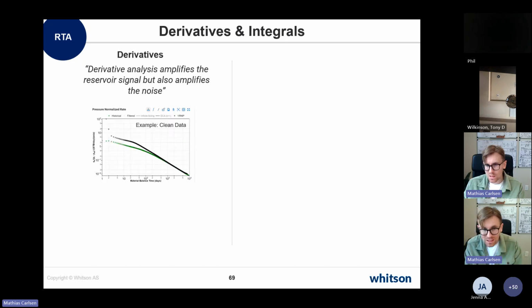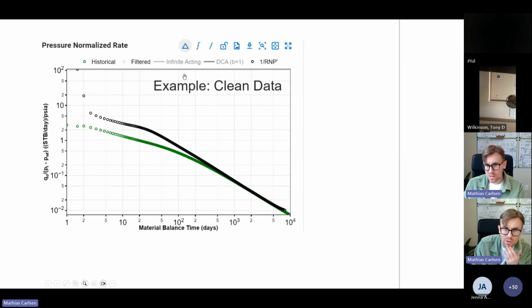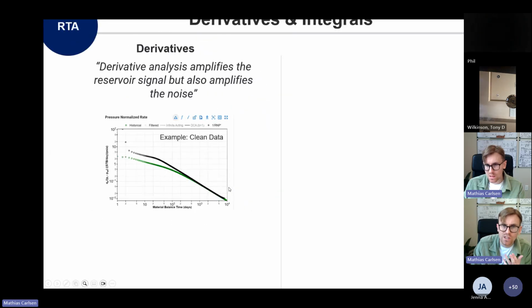Okay, so if you have clean data, you'll be able to pick up reservoir signals much sooner with the derivative than if you had just the raw data itself. So here you see an example in Whitson where we toggled on the derivative, and you actually see that it's starting to pick up full boundary dominated flow here versus somewhat later here. It's very much more sensitive, if you like.